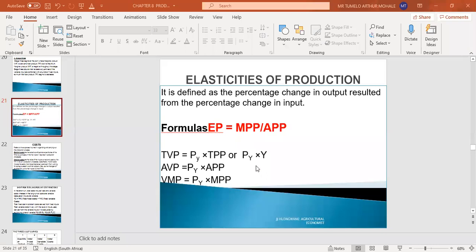Are we together? Yes. So if you check all of them, they have P's, and that P denotes product. Do you agree? So I said product, product, product. Do you agree? Okay. So is product an output or an input?